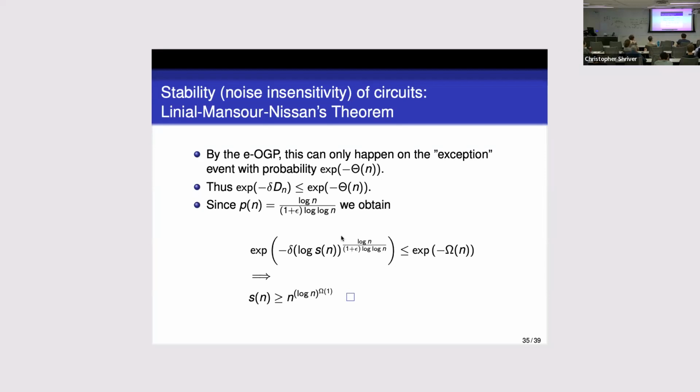That comes from the violation of the OGP. That means that d_n has to be at least as large as c over delta times n, and d_n is here. So by raising to the power 1 over p, this has to be at least c over delta n to the power 1 over p.